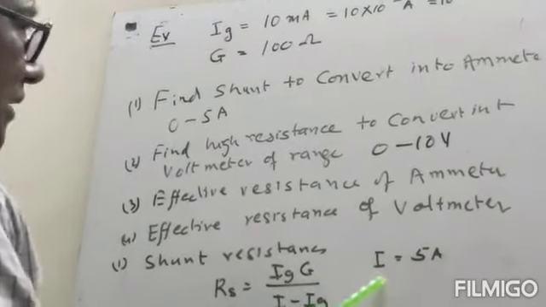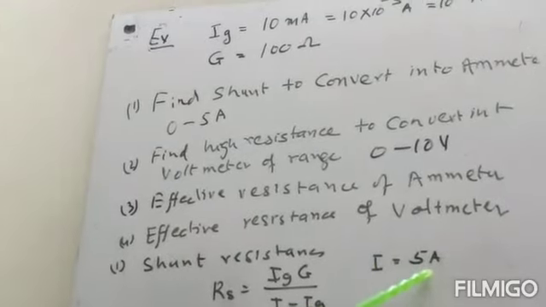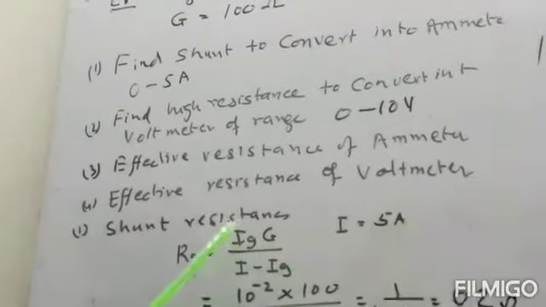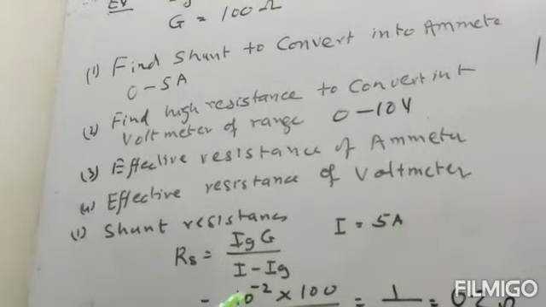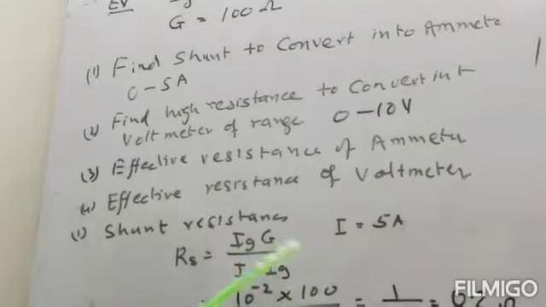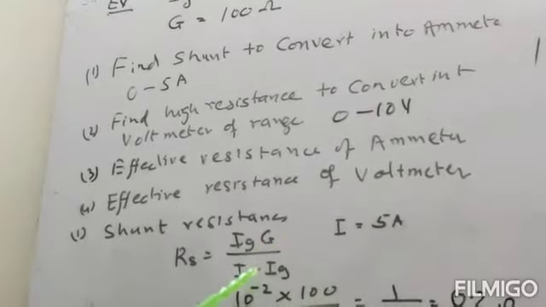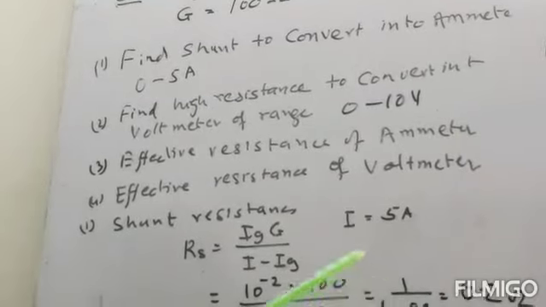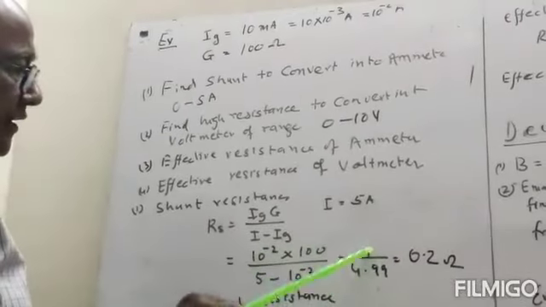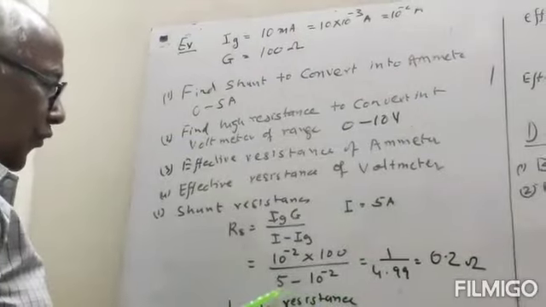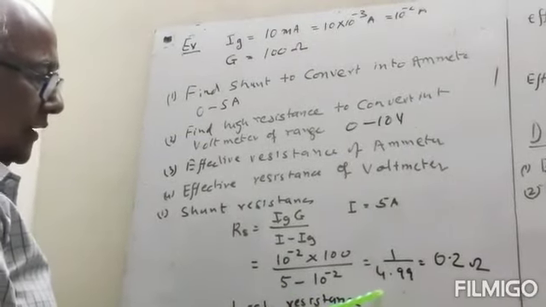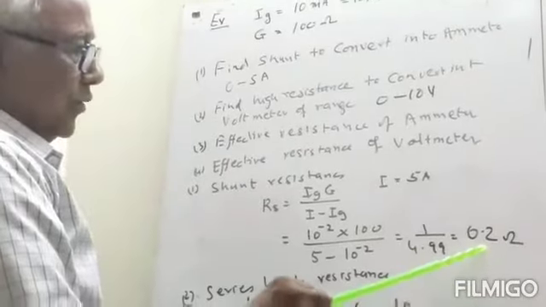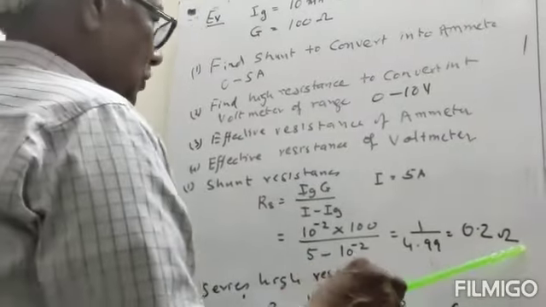Now the range is 0 to 5 ampere, so I is equal to 5 ampere. So we substitute the value. Ig is 10 raised to minus 2, into G is 100, divided by I is 5 ampere minus 10 raised to minus 2. This will be 100 divided by 4.99, that is equal to 0.2 ohm.